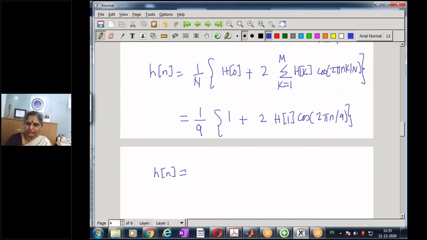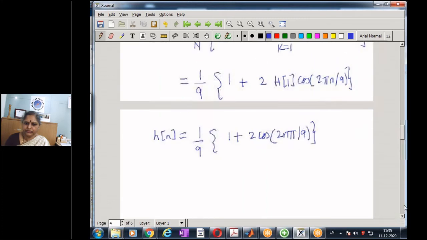So I have it as 1 plus 2. H of 1 is again 1. So my 1 by 9, 1 plus 2 cos 2 n pi by 9. So let's try to compute these values.